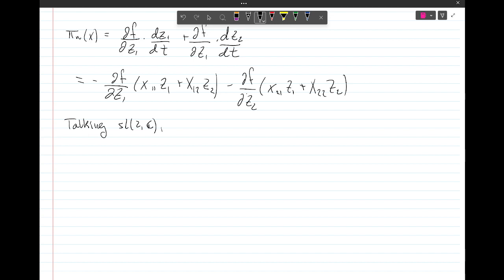But what we've developed is pi m, a Lie algebra homomorphism for the special unitary group in 2 dimensions. So how is this going to help us get to SL2C?